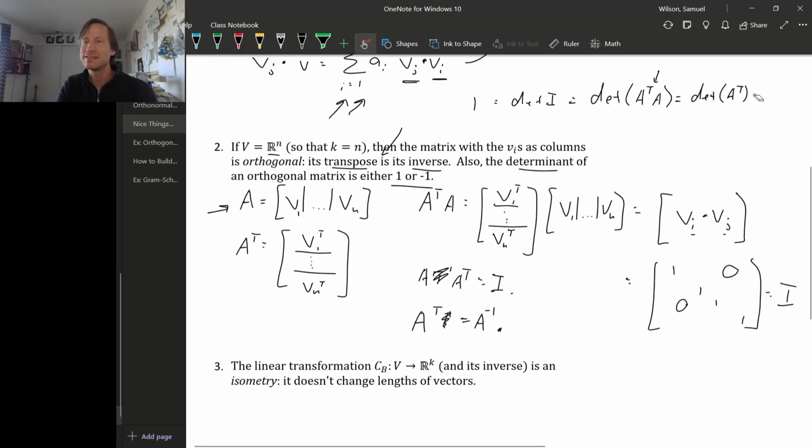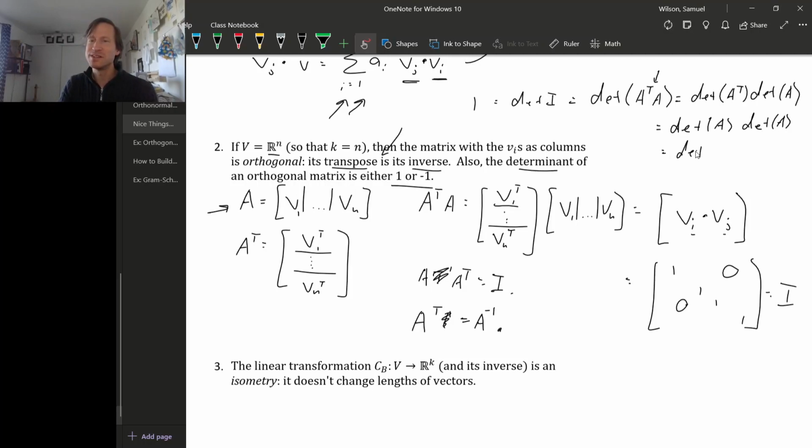So we can rewrite this as the determinant of A transpose times the determinant of A. Another thing we know is that the determinant of a matrix and its transpose are the same. So the determinant of A transpose is the same as the determinant of A. And so we get the determinant of A squared. So 1 is the determinant of A squared. That means the determinant of A has to be either plus or minus 1. Okay.